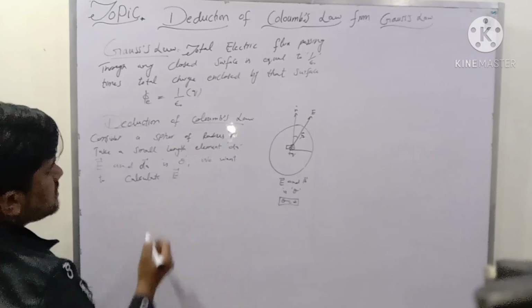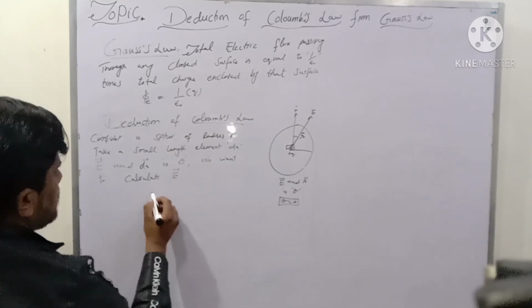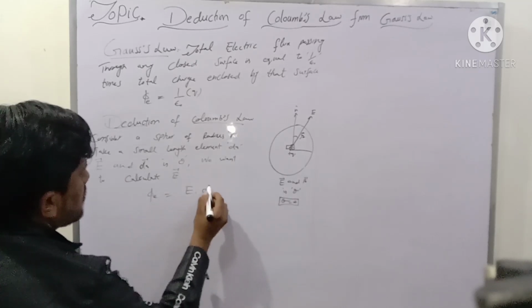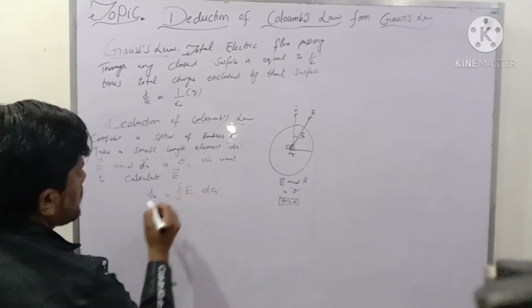We know that electric flux phi E is equal to the surface integral of E dot dA.